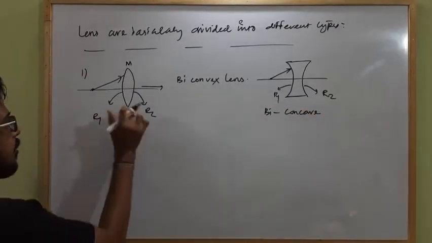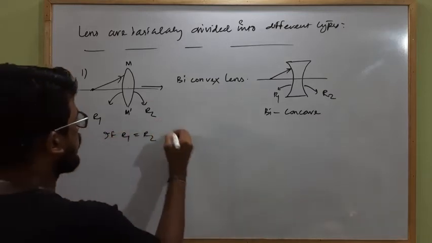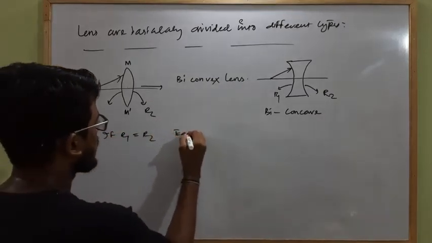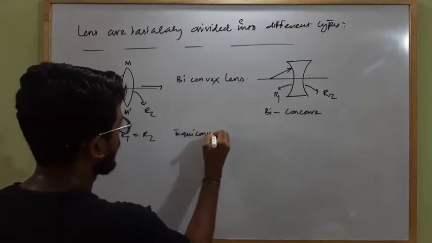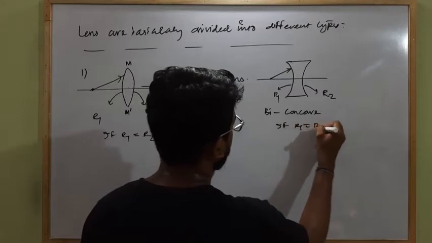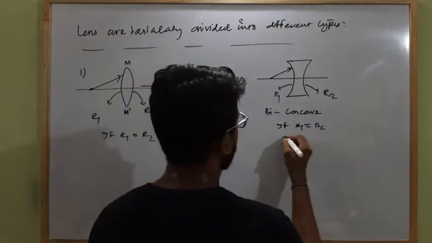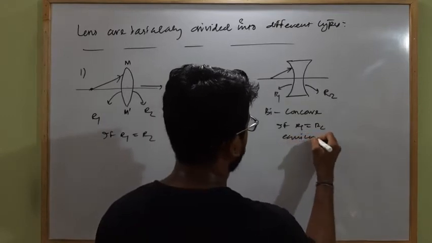Clear? And if R1 equal to R2, then it will become equiconvex. Here also, if R1 equal to R2, that means the radius of curvature of both the spherical refracting surfaces is equal, it will be equiconcave.